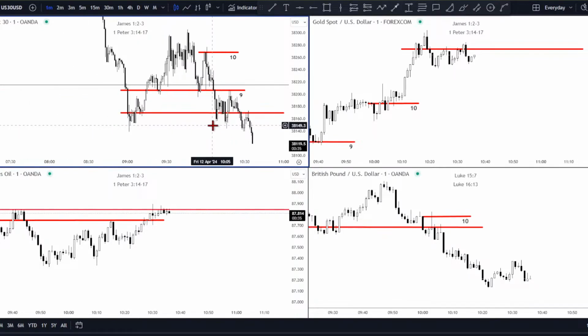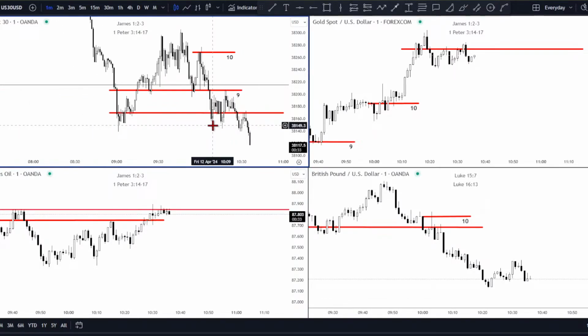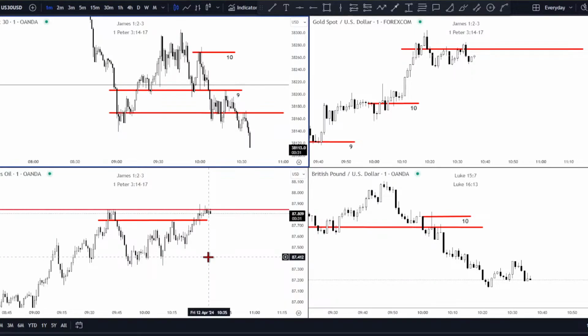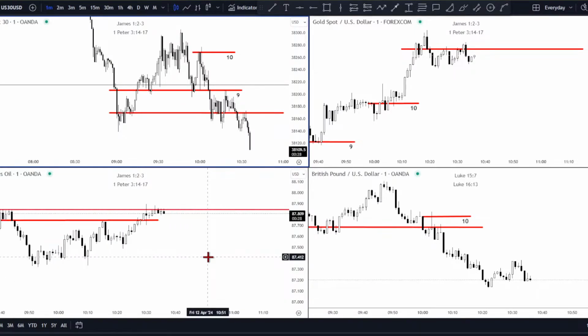Today's starting to feel like maybe it was an all-in day for most pairs. I mean, things have been dragging and dragging and dragging.